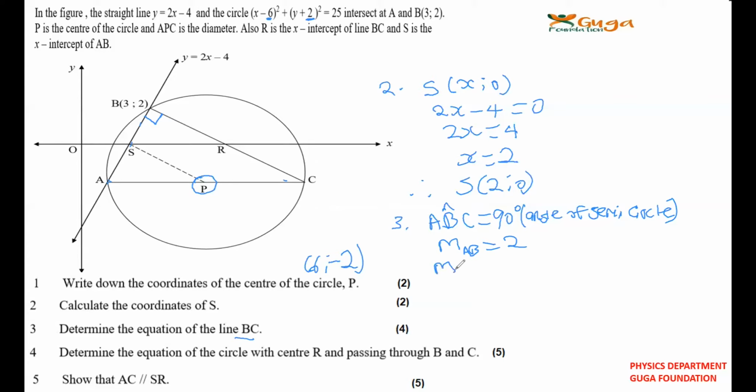You can use the formula M1 times M2 equals -1. So 2 times M2 equals -1. Therefore, the gradient of BC, because it is perpendicular, is -1/2.